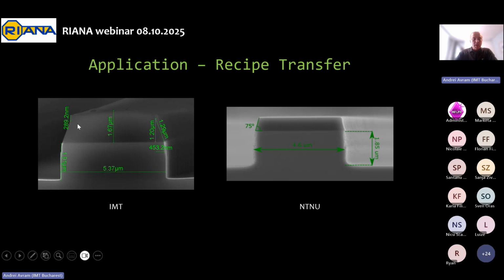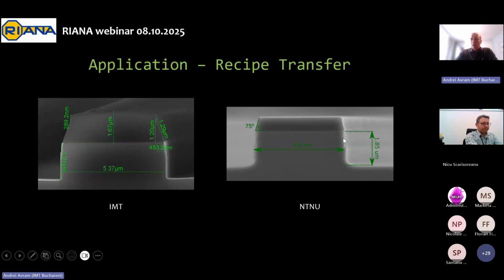So this is, for example, in the left picture, a result from IMT using an etch recipe, this exact same recipe used in NTNU in Norway. It's roughly the same, it's not very different. Vertical sidewalls, 90 degrees, 1.85 microns compared to 1.91, so mostly the same.